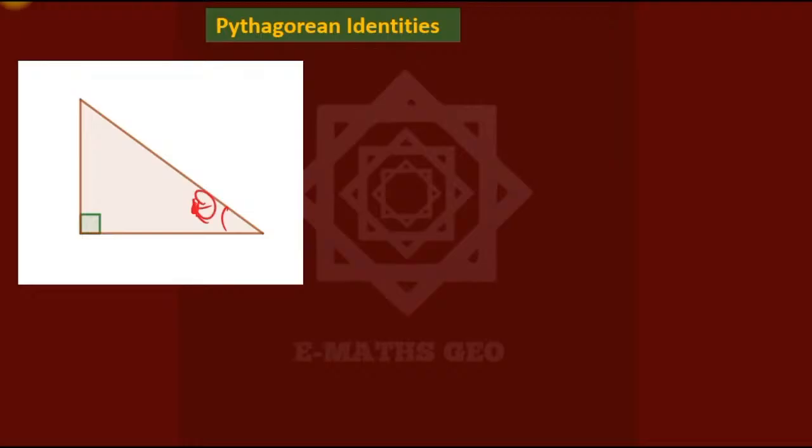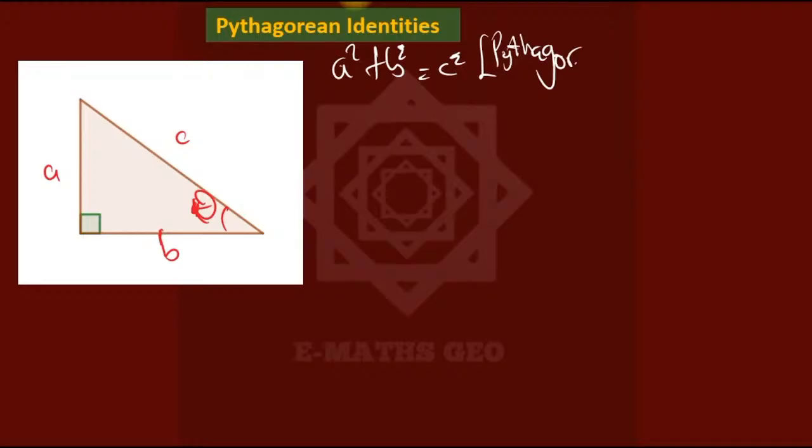Let these be A, B, and C. Everybody here knows there's one theorem we are conversant with, the Pythagorean theorem, that A squared plus B squared is equal to C squared. The identities are based on that.